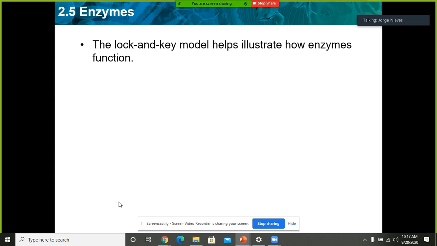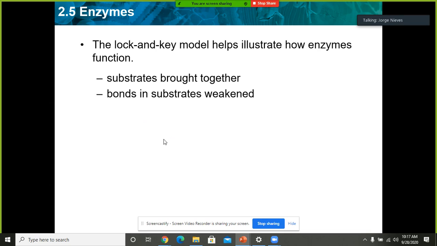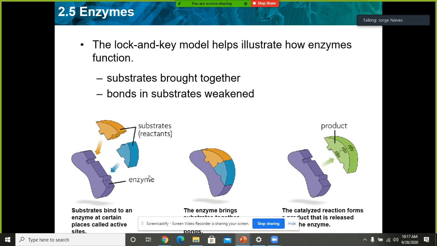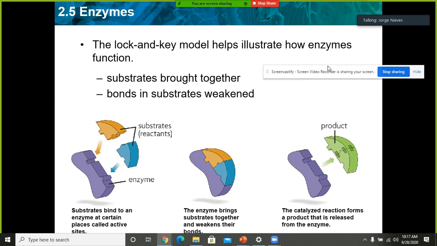So the lock and key model helps us illustrate how enzymes function. Substrates are brought together, and bonds in the substrate weaken. The substrate binds to an enzyme at a certain place called the active site.